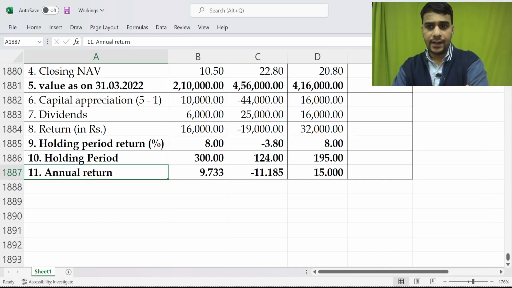The holding period return is 8, negative 3.8 and 8. Annual return is given. From there we have reverse worked and got the number of days. Any doubts on this?